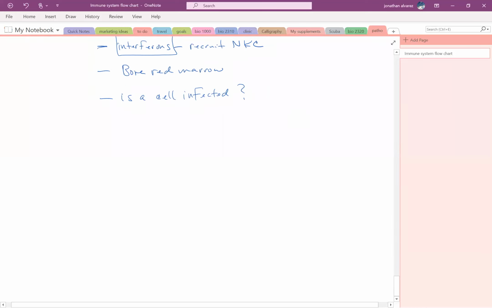Okay, and they do this. All right, so the natural killer cells can control their cytotoxic activity because of two receptors.